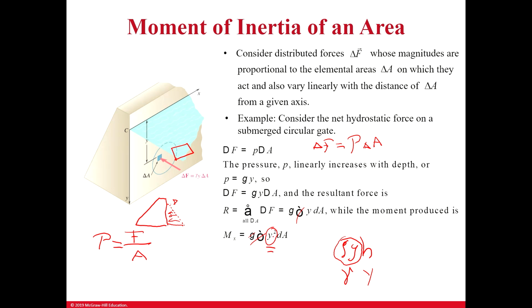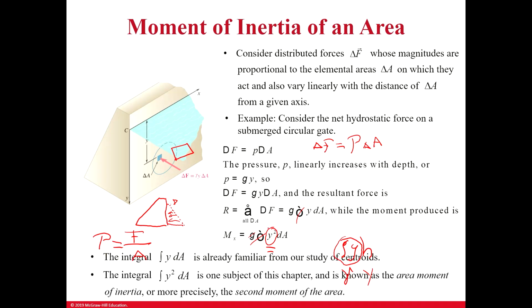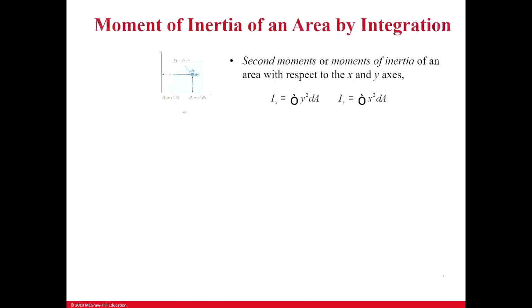All we need to do is to get the y squared, which is not necessarily the easiest thing sometimes, but we can definitely find it, and we'll go through some examples. So remember that we used the integral of y dA for centroids, central point of gravity, but y squared dA is going to be for the area moment of inertia, or the second moment of area. So this is pretty much the concept. This is integration right here.